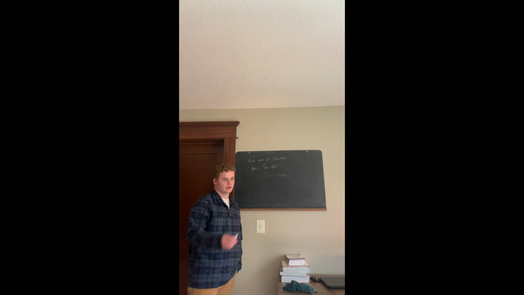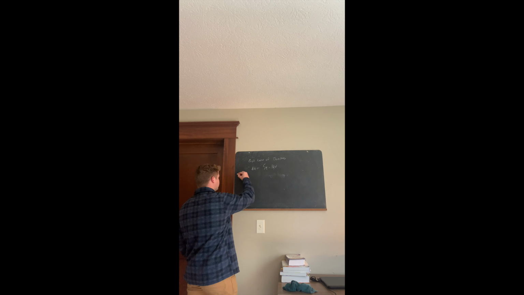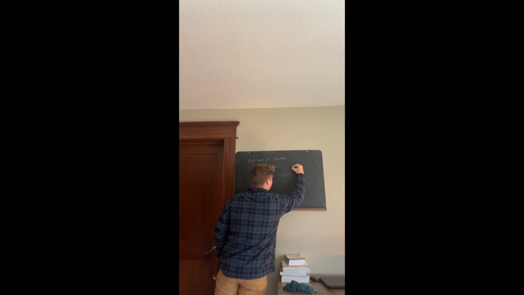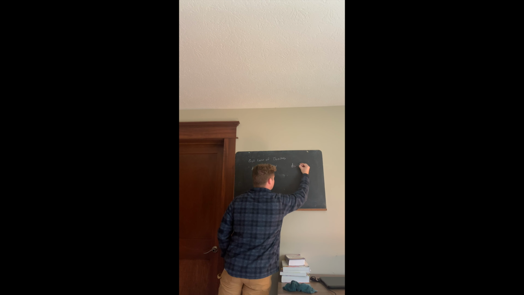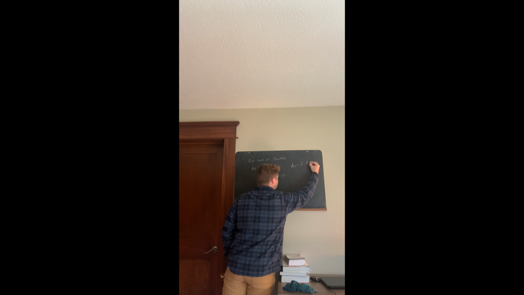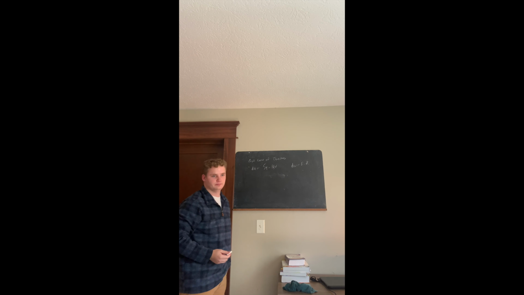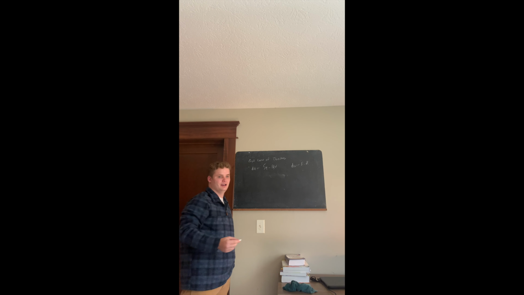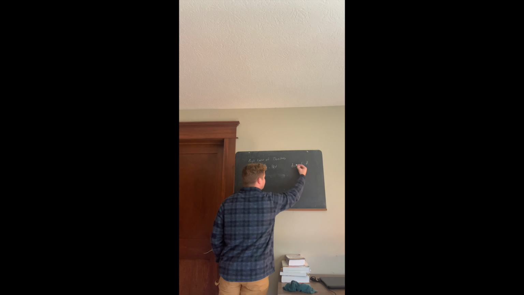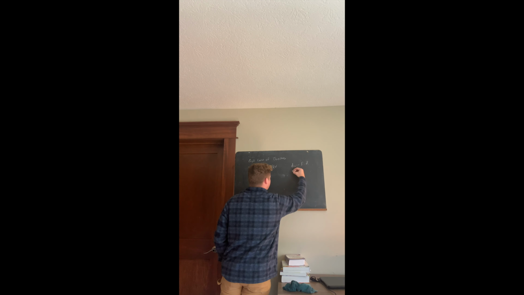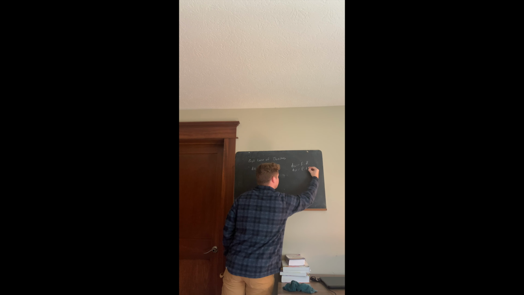PdV is work. So to show you what that is, we can just get work out of the way here. We can do dW equal to force times distance. Alright, that is work. And then for thermodynamics, we do dW equals P times dA.